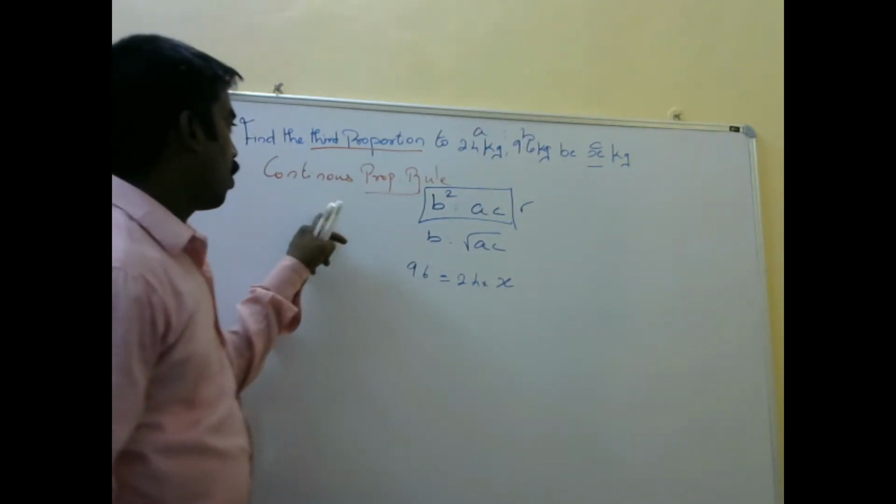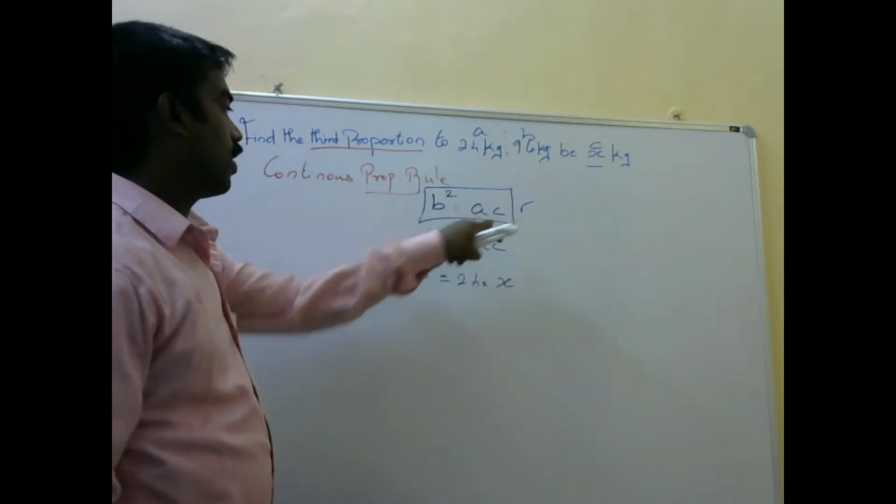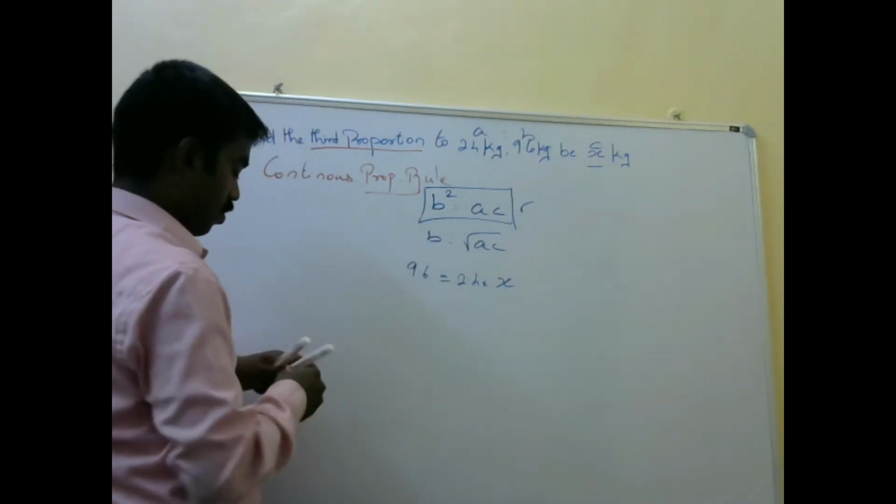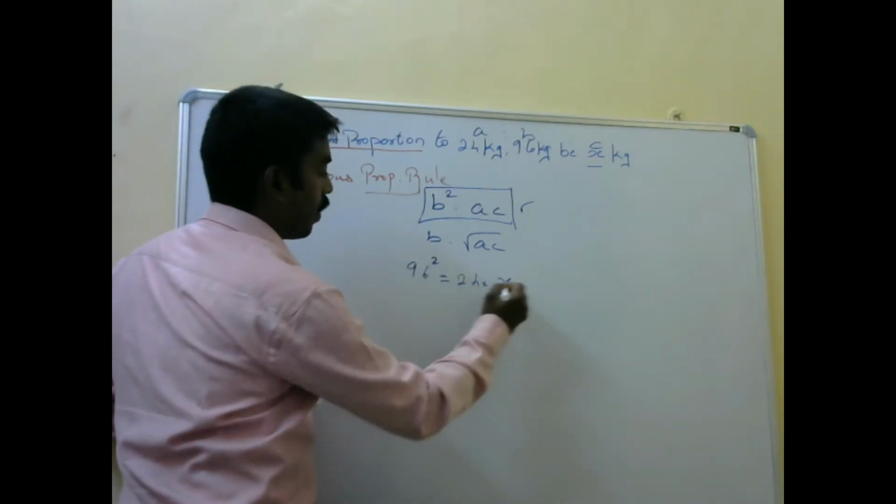What is the continuous proportion rule? B squared is equal to AC. So 9.6 is B, and 9.6 whole squared is equal to 2.4x.